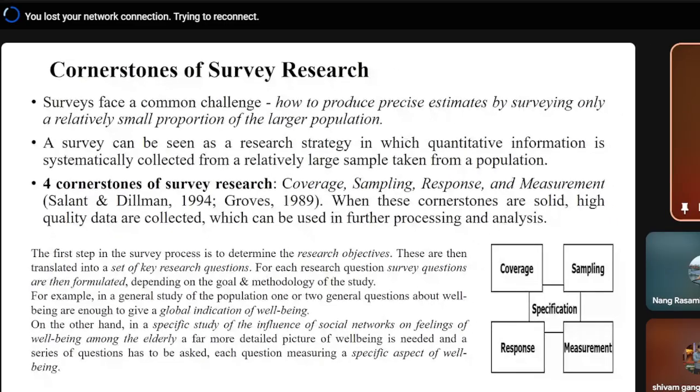Random sampling means that you are randomly picking some members of the population as your sample. After deciding the coverage, that means after deciding your sample size, when you are randomly selecting, it can be through systematic random sampling.